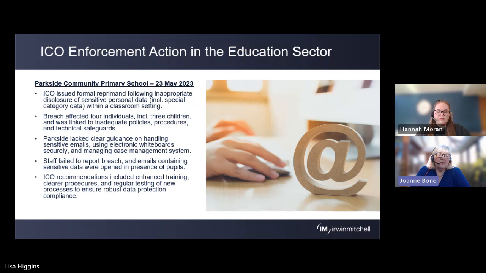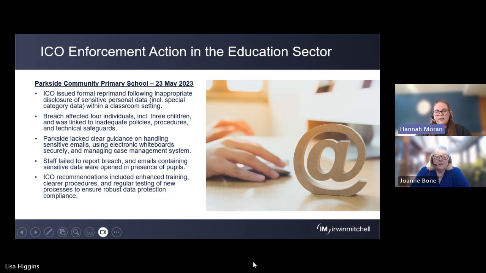And you'll see on the slide that the ICO also recommended further things the school should consider in terms of enhanced training, clear procedures, and testing of processes, because it's all very well having a process, but if people are not following it or it's not been tested, then it's not going to work from an ICO point of view.